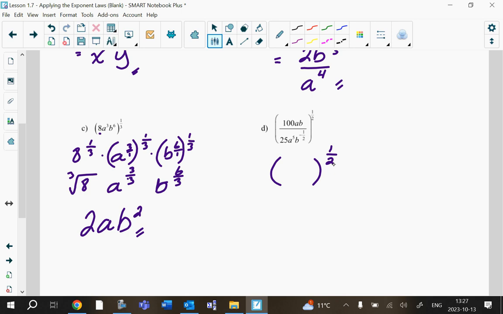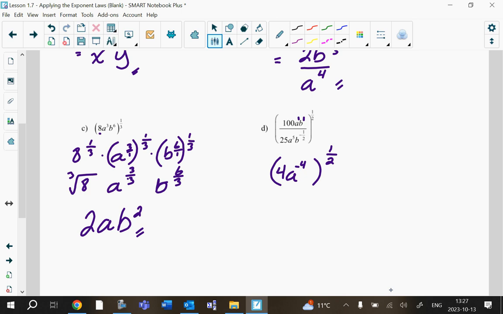Now, where there's just a variable and no exponent, remember the exponent we assume is 1. 100 divided by 25. A to the first divided by a to the fifth is a to the -4, because it's 1 minus 5.